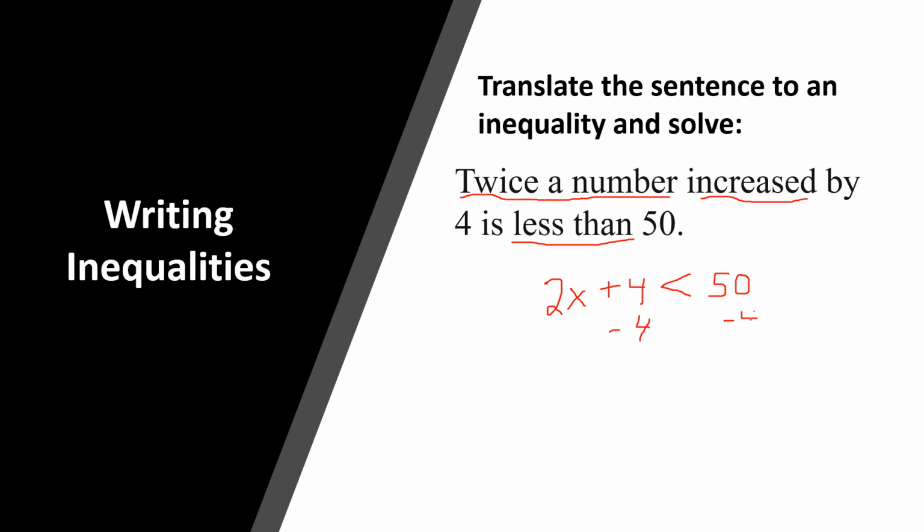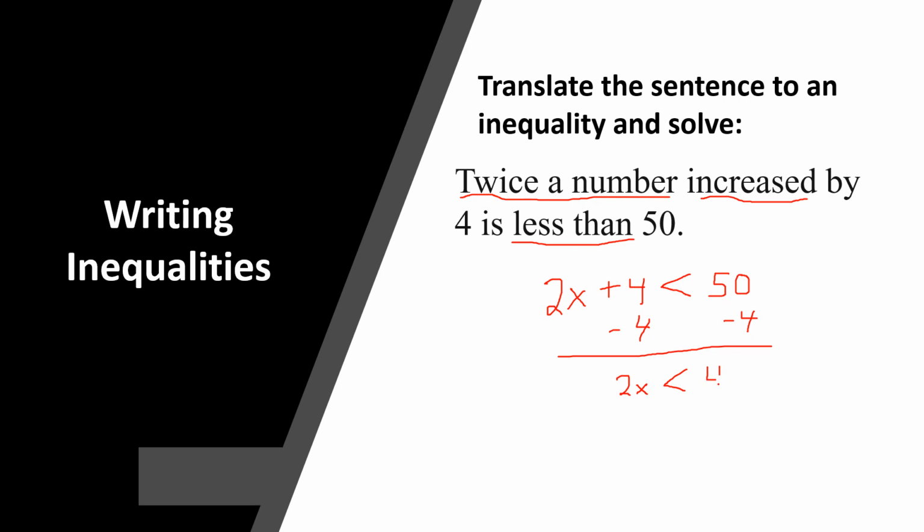So we subtract 4 from both sides, and we are left with 2x is less than 50 minus 4, which is 46. Now to get rid of the 2, we do the inverse of multiplying by 2, which is to divide.